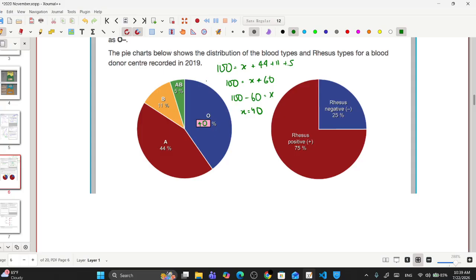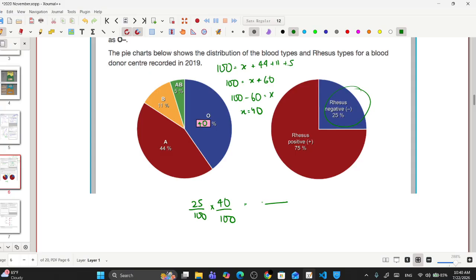Now, 25% of those 40% are O negatives, as we can see here. So, logically speaking, we multiply 25%, which is 25 over 100, by 40 over 100, because a percentage of that percentage have a specific blood type. 25 times 4 is 100, and 25 times 40 is 1000.